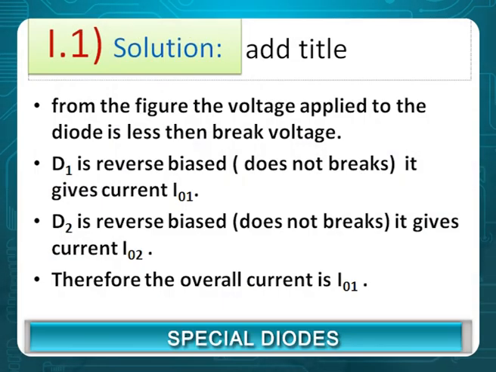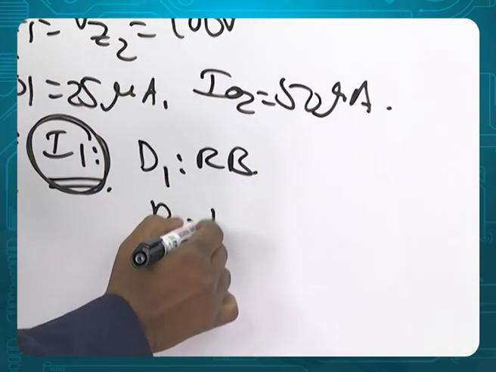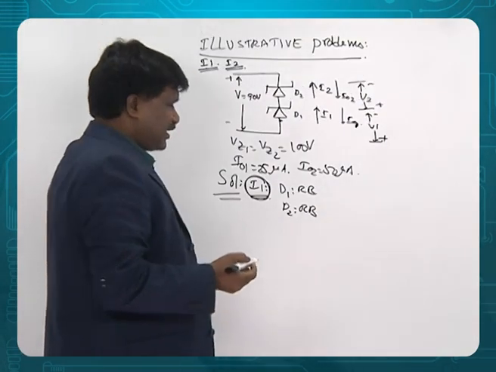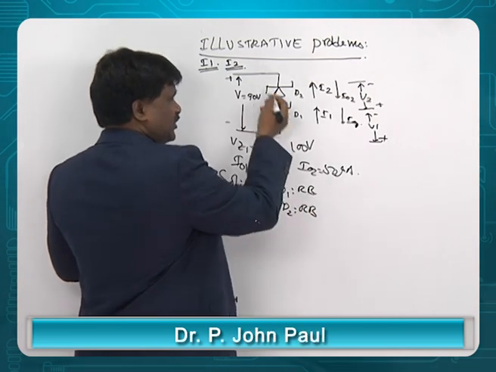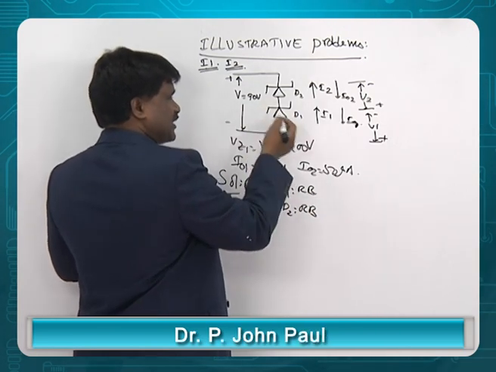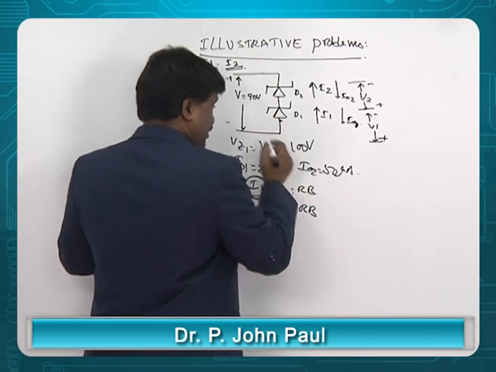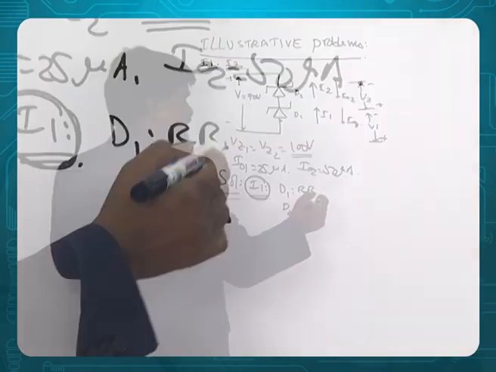Now when you look at diode 1, reverse bias. Diode 2 also reverse bias. In a Zener diode, simple reverse bias is not sufficient. You need to tell whether it is completely in breakdown or not. It cannot break down because you need 100 and you are giving only 90.